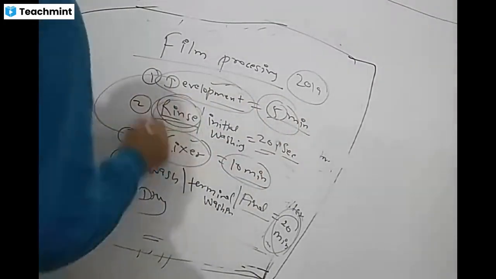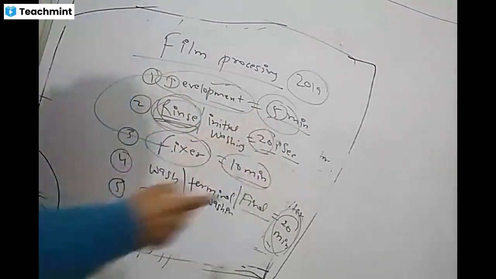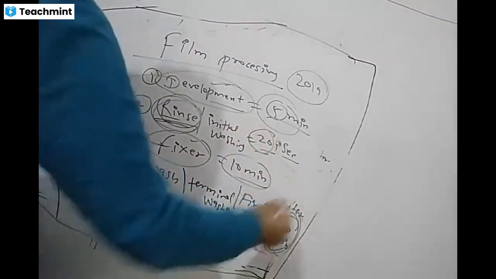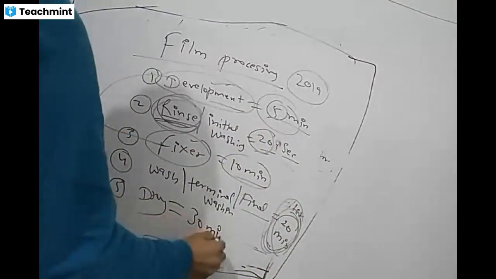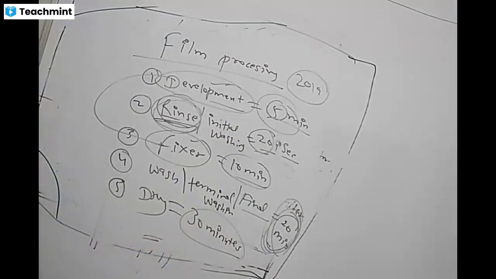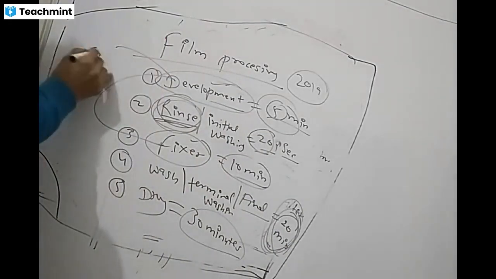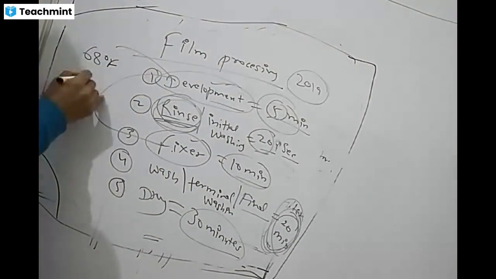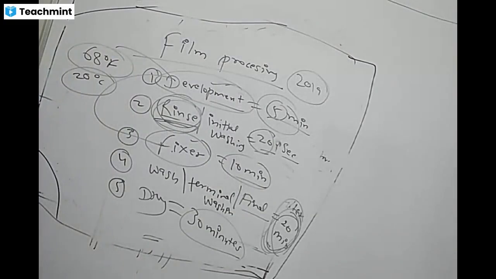Rinsing is also a kind of washing, initial washing. This is for 20 seconds and the final wash is for 20 minutes. And drying is for 30 minutes. So this time is very important. And the temperature should be 68 degrees Fahrenheit or 20 degrees centigrade. That is very important for all.